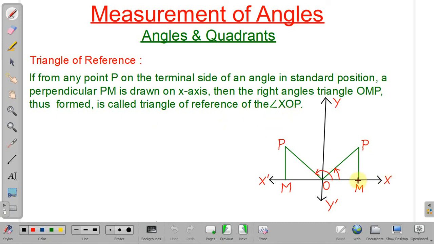Similarly, if P lies in the second quadrant and we draw the perpendicular from P to the x-axis, then OMP is the triangle of reference of angle XOP. In this case, this angle XOP will be considered.